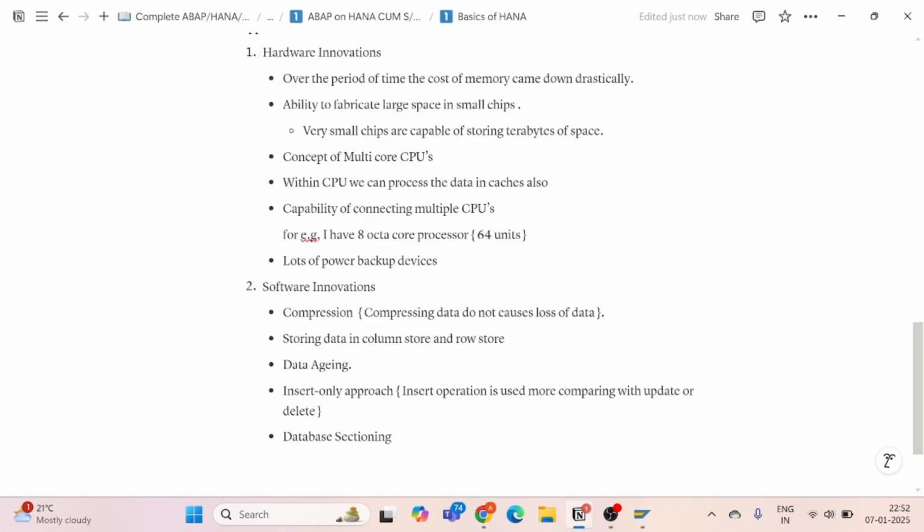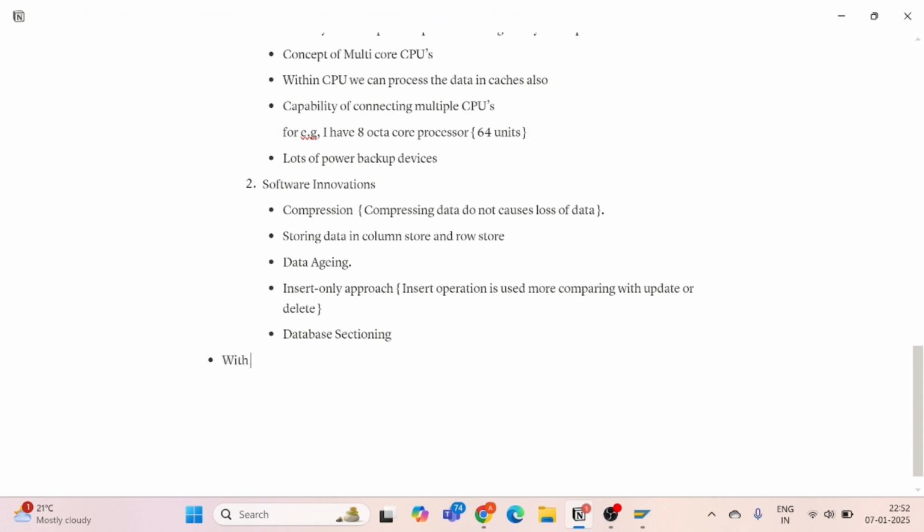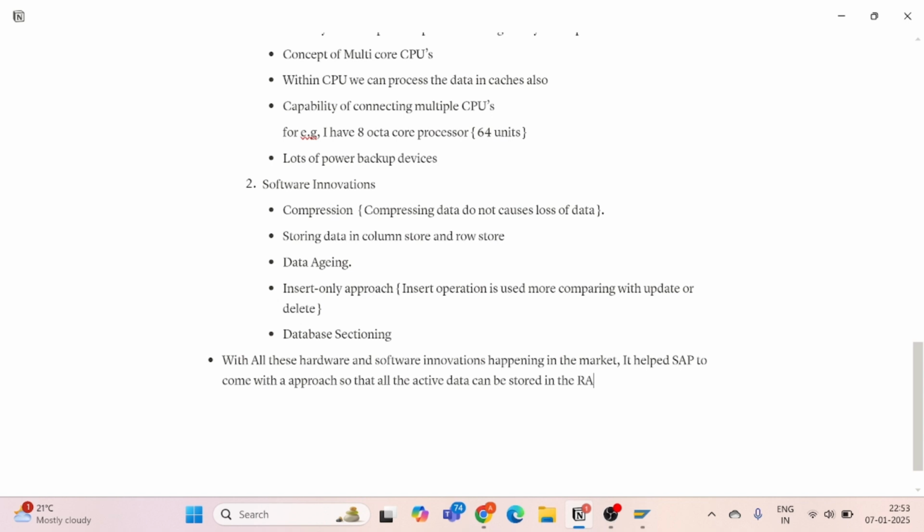So with all these innovations happening in the market, all these hardware and software innovations, it helped SAP to come up with an approach so that all the active data can be stored in the RAM itself and can be used by the CPU for data processing.